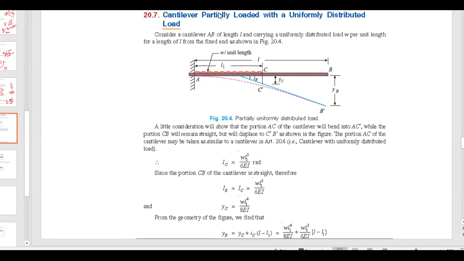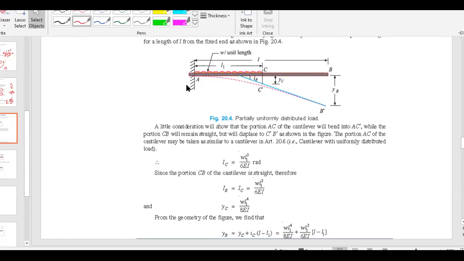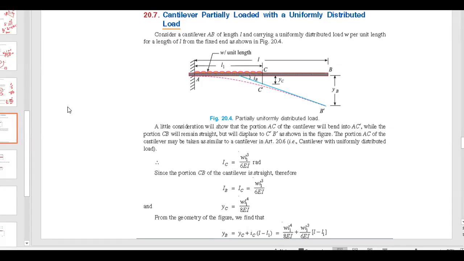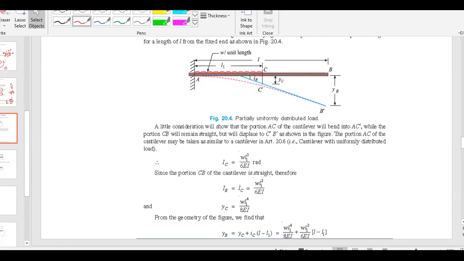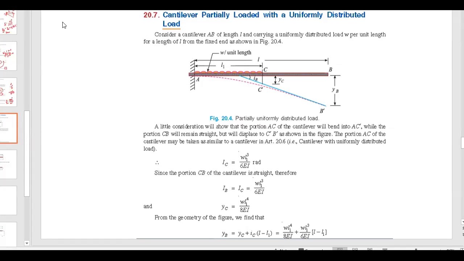So consider up to the AC only cantilever beam. Consider a cantilever beam with a length of AC only, and a UDL in between AC.